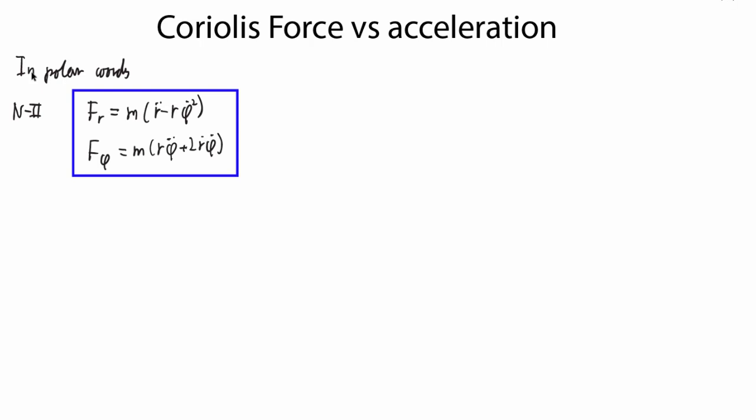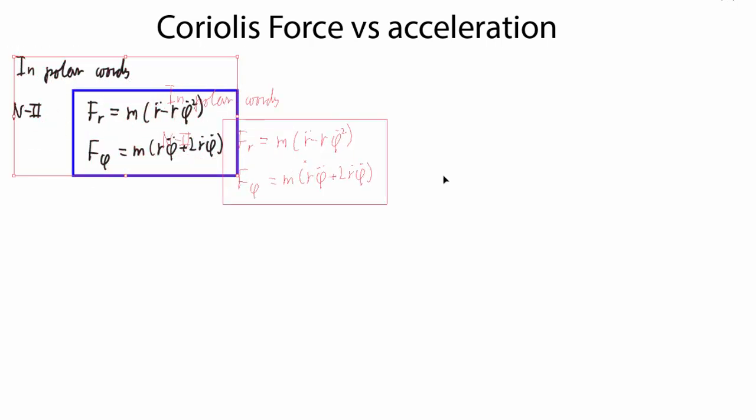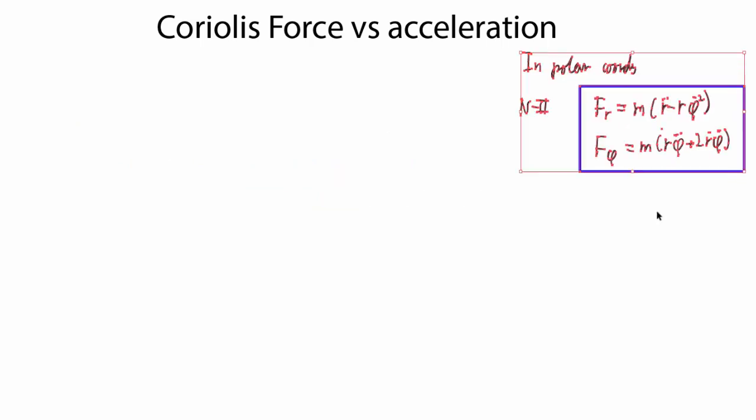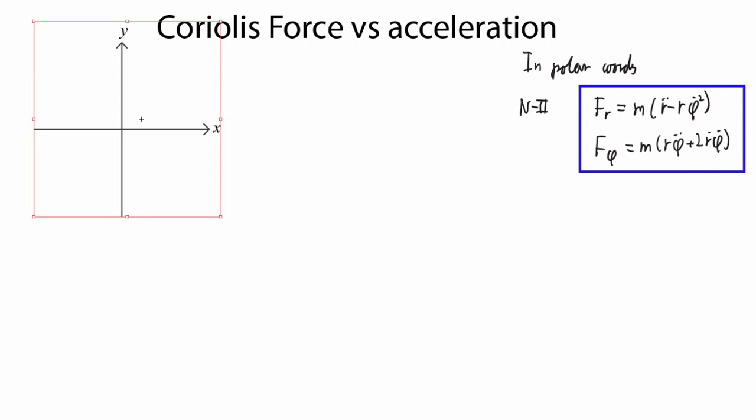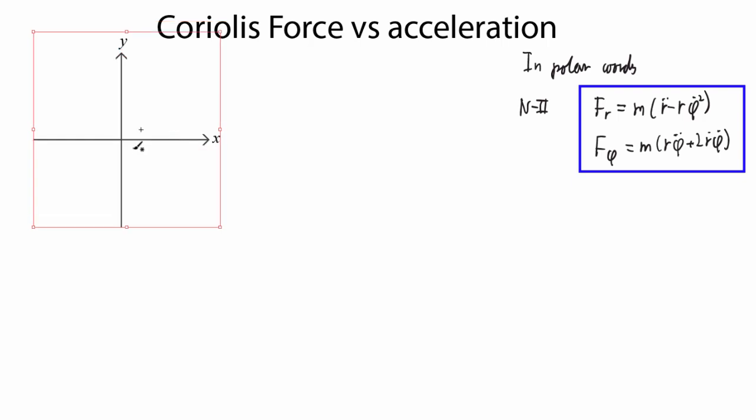Okay, I'm going to actually move this over to the right hand side here. Okay, now let's look at Newton's second law in a coordinate system, but let's do it while also doing some rotation. So to do that, I'm going to introduce two coordinate systems. We have one coordinate system here. This is the non-rotating coordinate system, S. So S is inertial.